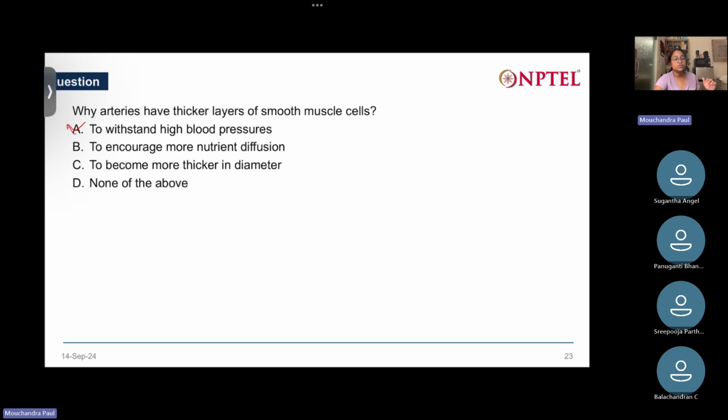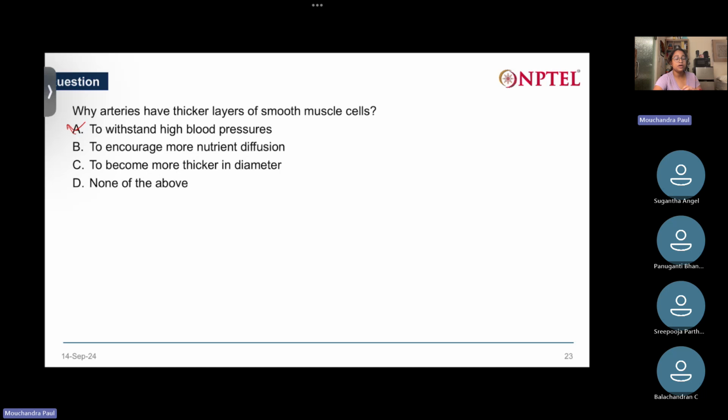That is why the capillaries, even though they have a monolayer of endothelial cells, can still sustain the flow of blood without rupturing. And since they are a monolayer of endothelial cells, nutrients and oxygen can easily diffuse out to the surrounding tissues.